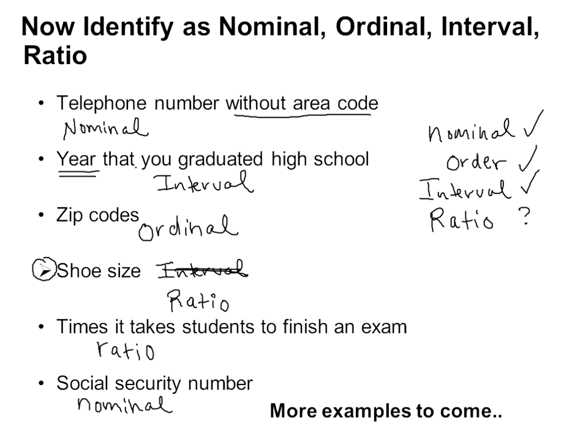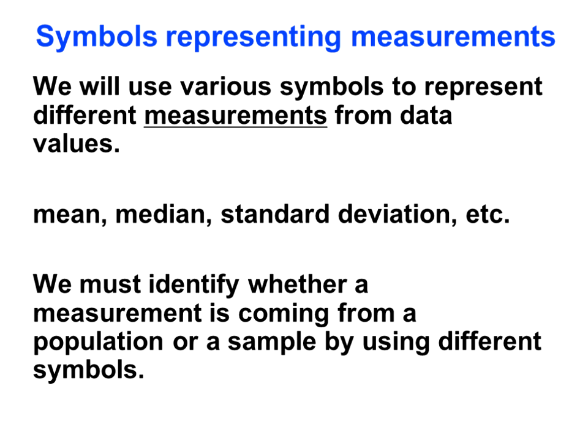Okay? All right, so let's go ahead and talk about symbols. We have different symbols representing the different measurements that we're taking. And it all depends on what you're looking at. If you're looking at your population, measurements from the population have certain symbols, but measurements from a sample have symbols that are different.